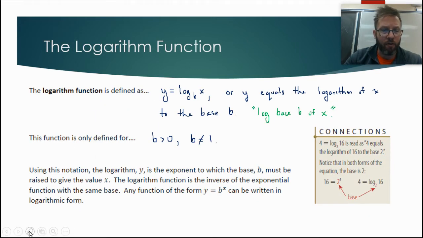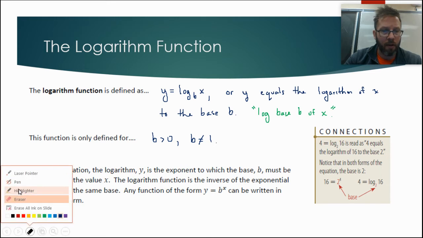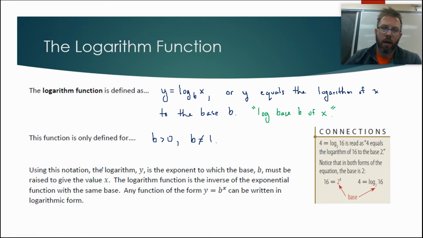As I've mentioned, back to my pen here, the logarithm y is the exponent to which the base must be raised to give a value of x. So let's look at maybe one more example of that. Let's do log base 2 of 32.